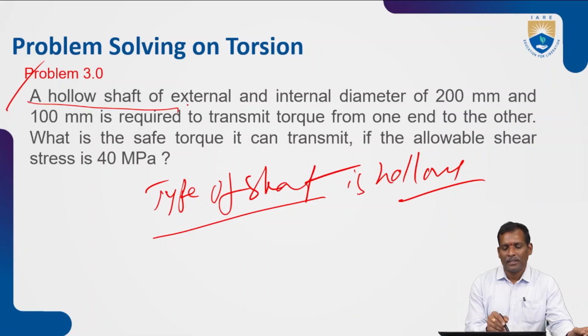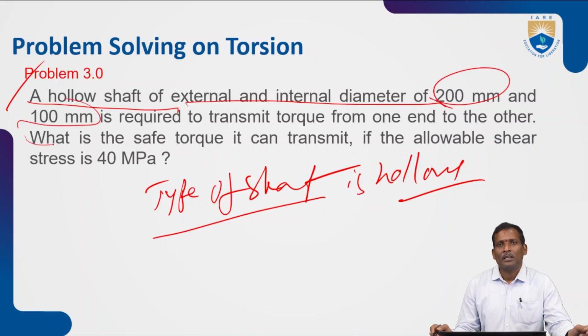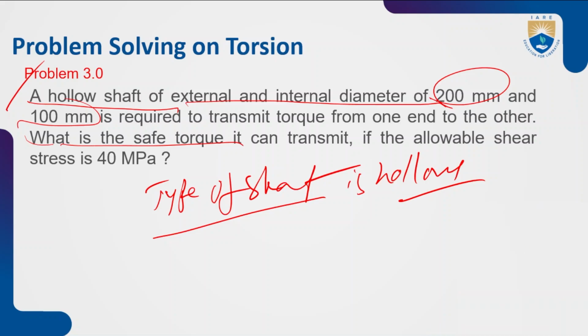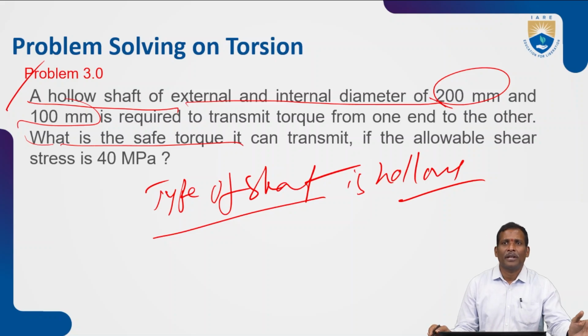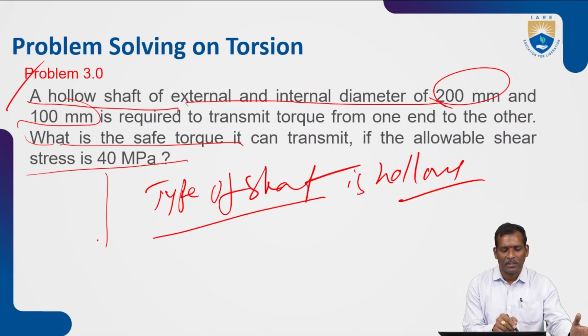So for external and internal, as you already know, the hollow shaft has external and internal diameters of 200 mm and 100 mm. It is required to transmit torque from one end to the other. What is the same torque? This torque is transmitted from one end to the other end. It can transmit if the allowable shear stress is 40 megapascal. The shear stress is also given.